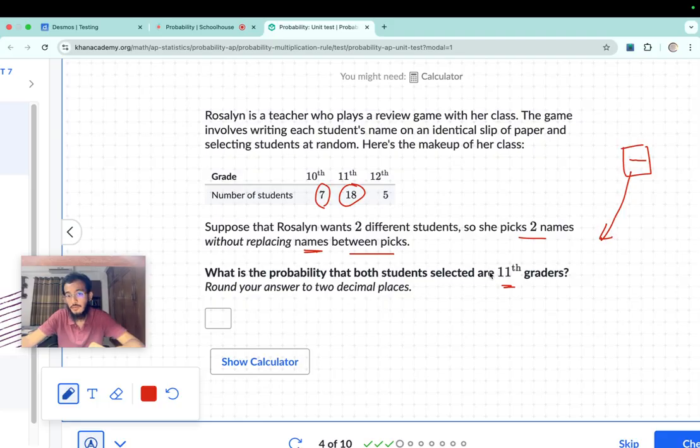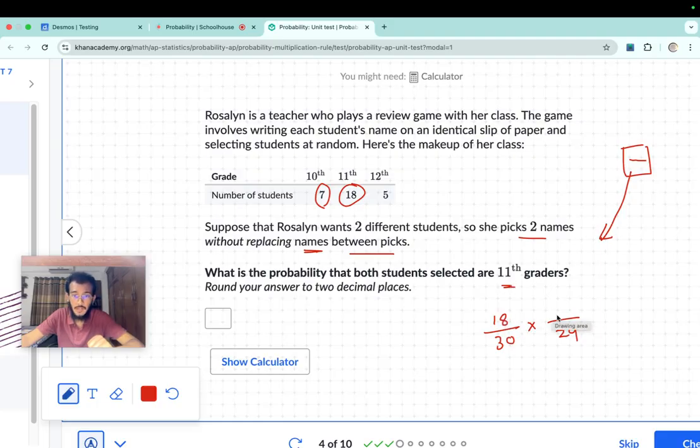So for the first time, the probability that you select an 11th grader is 18 upon 30, because of the total number of students. But because you are doing it without replacement, the total number decreases by 1 to 29, and we're trying to find the probability that both students are 11th graders.